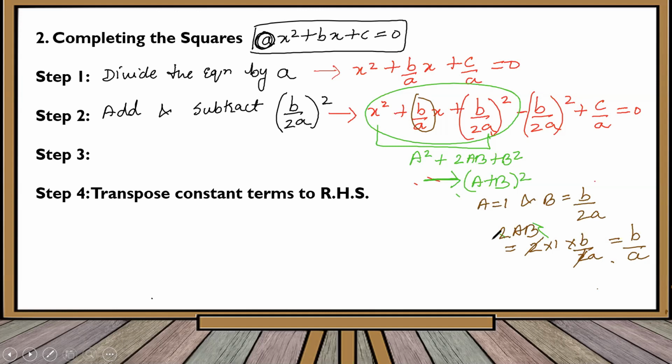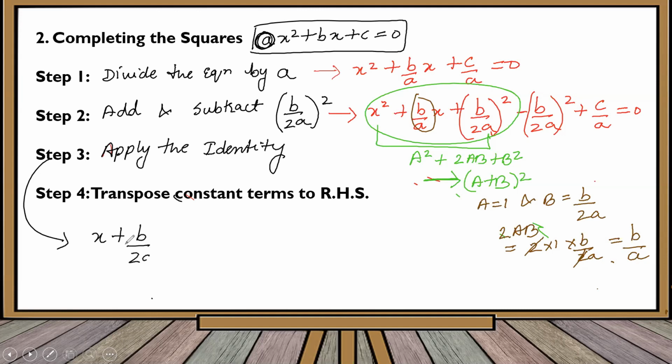Okay, so let us convert these first three terms in the identity form. So the third step says apply the identity. So when we apply the identity, what we get from step 3 is this, that is x plus b upon 2a whole square minus b upon 2a whole square plus c upon a.